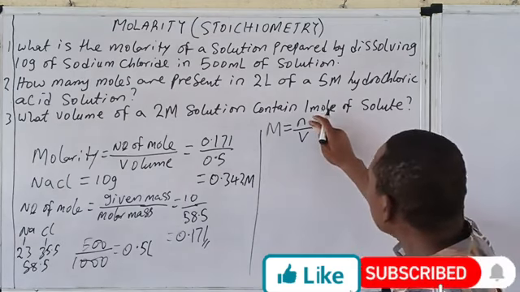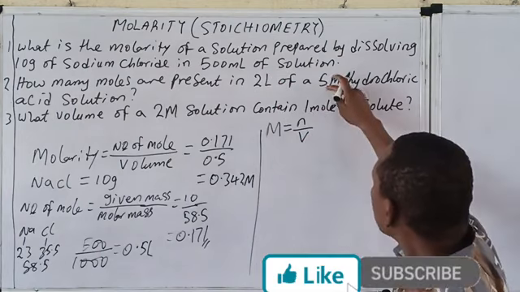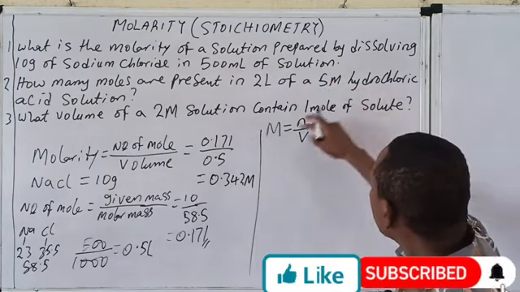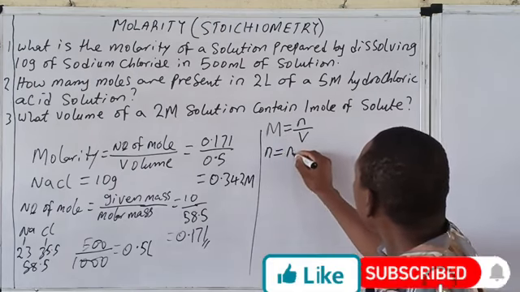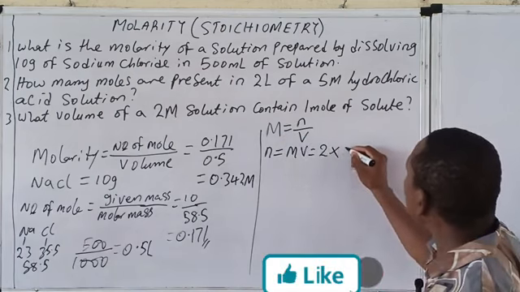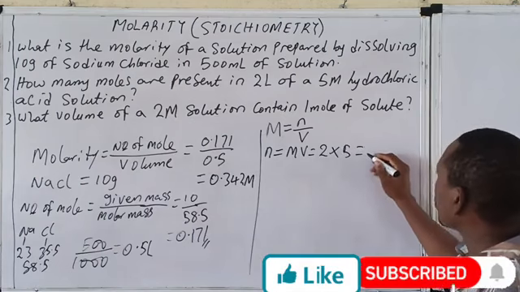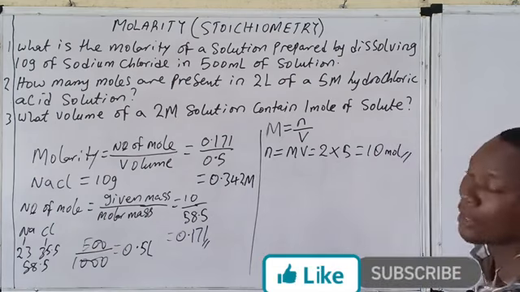They are asking you how many mole, and they gave the volume as 2 and the molarity as 5. So n is equal to M times V, which is equal to 2 times 5. And my answer is 10 mole. So this is a very simple question.